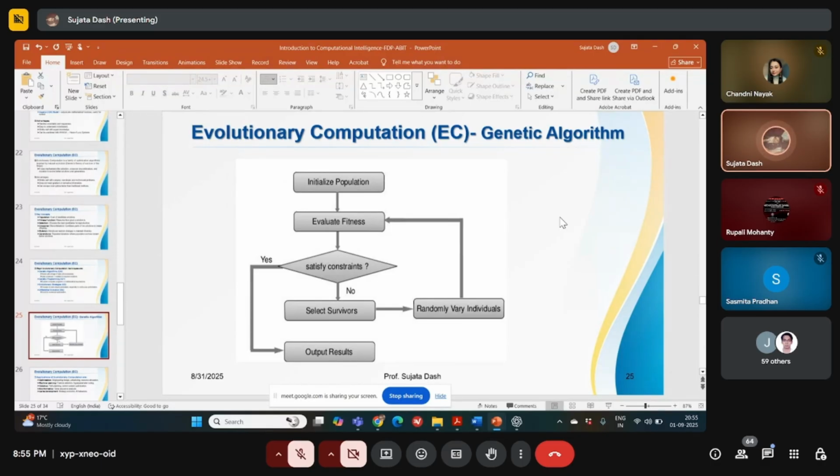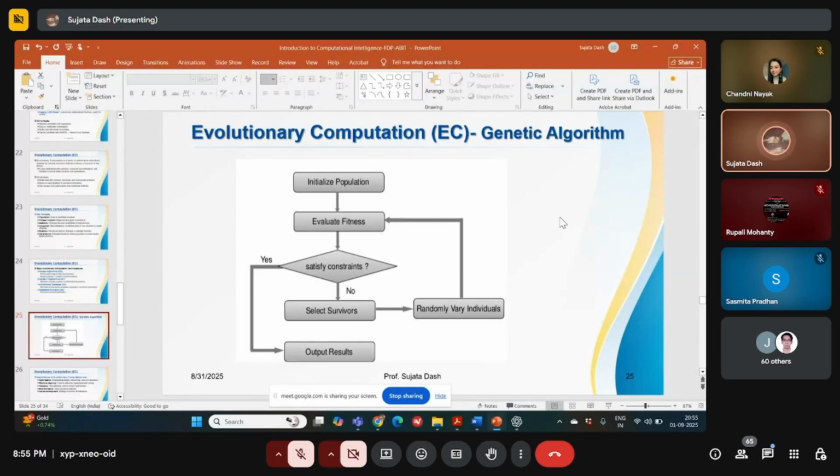From the current population, select the fittest individuals, those with higher fitness values. This step mimics the survival of the fittest. What selection methods do we apply here to select the survivors?